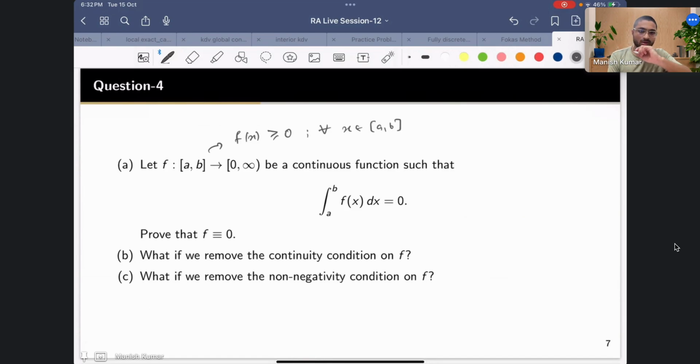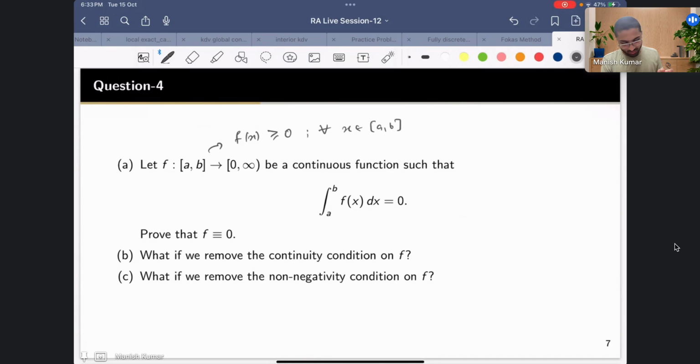The function is continuous and non-negative such that this integral turns out to be 0. Then what you have to prove is that this function is identically equal to 0. So this function cannot take any non-zero value. This is the first part.